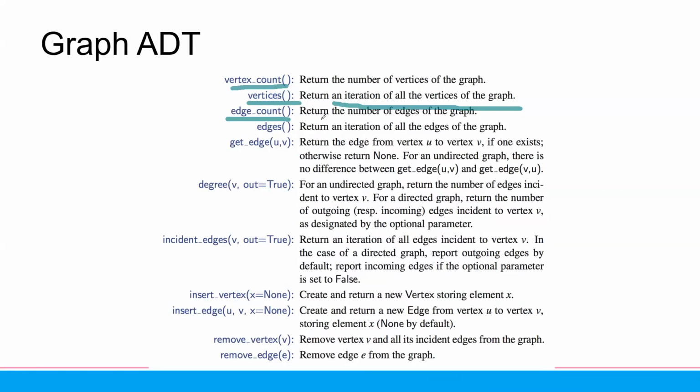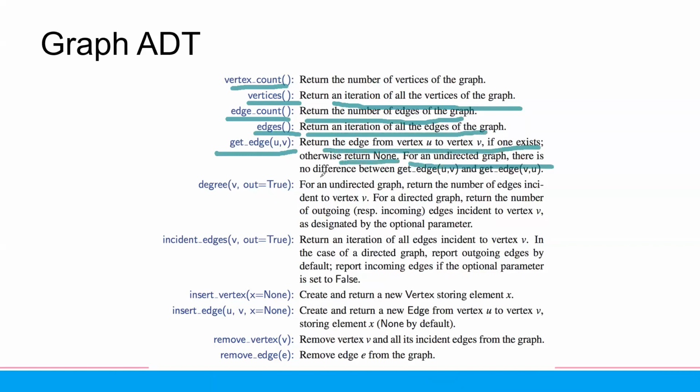Edge count, I want to know how many edges. Edges, I will iterate over every edge. Get edge u comma v returns the edge from vertex u to vertex v if it exists. If it does not exist, then it returns none.